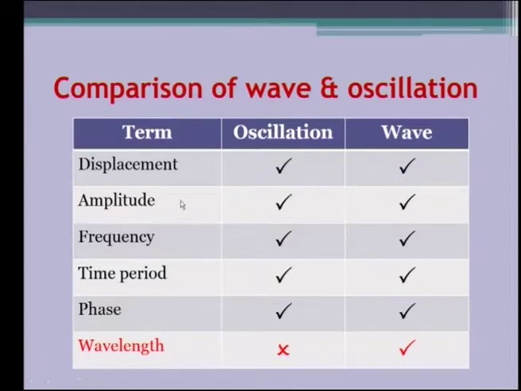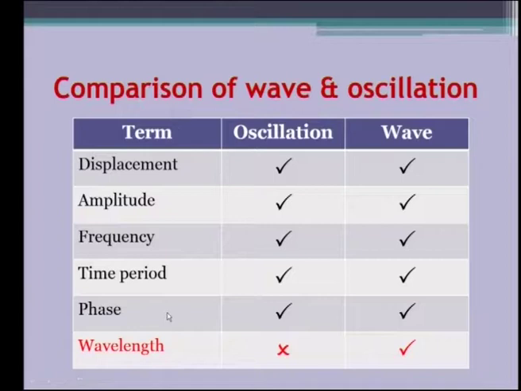There is amplitude in the case of oscillation as well as wave. The maximum displacement is called amplitude. There is frequency in both oscillation and wave. What is frequency? The number of vibrations or number of oscillations per second is frequency, that is present in both the cases. Time period, the time taken for one vibration or one oscillation, is there for both oscillation and wave.